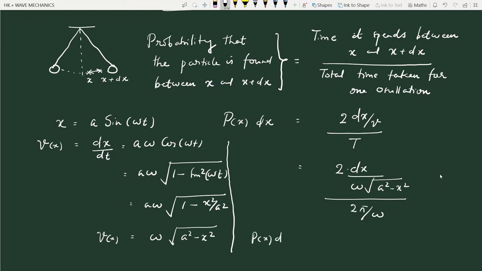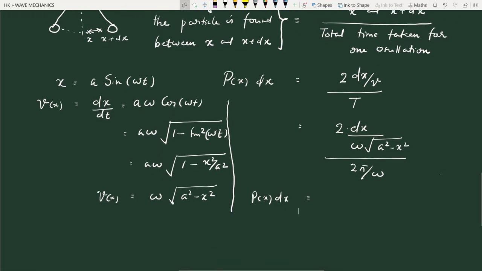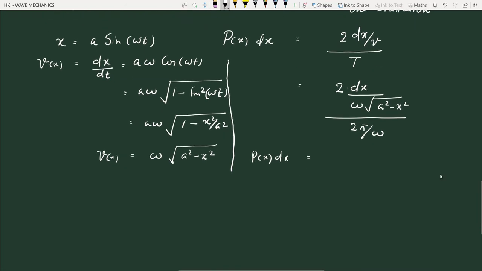Therefore, the expression for the probability of finding the particle between x and x plus dx: 2 will cancel, omega will cancel, so you have dx by pi into root of a square minus x square.